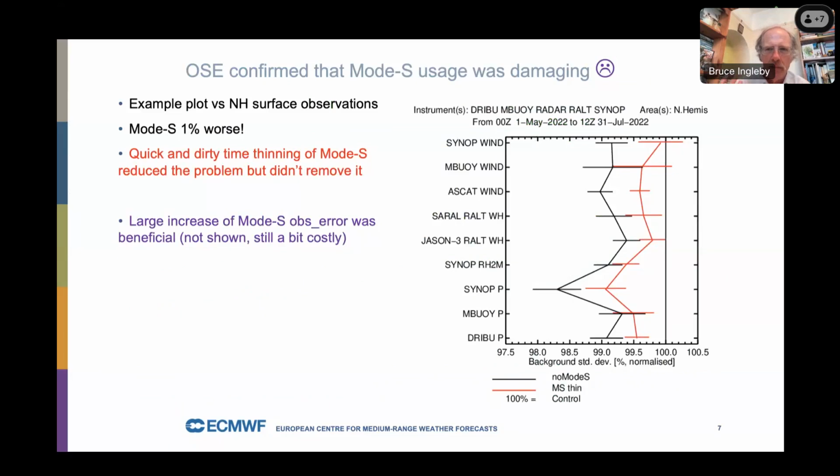A check taking out Mode S confirmed that certainly in the Northern Hemisphere, it was making things worse. And quick and dirty time thinning didn't help, or didn't help enough.